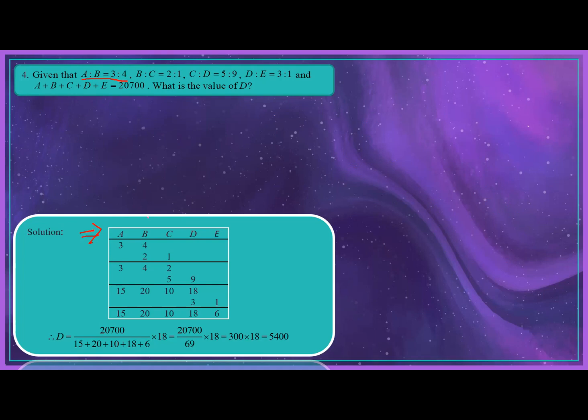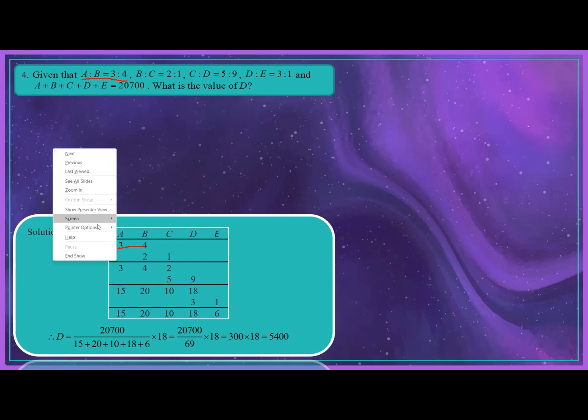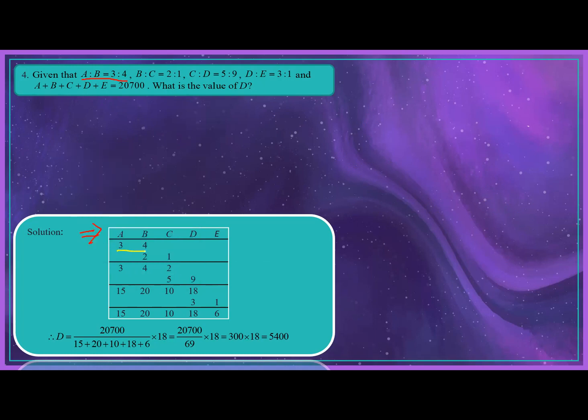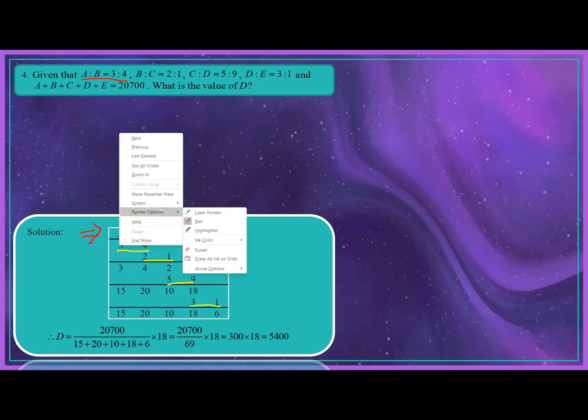So you have for A is to B, you have 3 is to 4. Okay, this one. For A is to B, you have 3 is to 4. B is to C, you have 2 is to 1. And C is to D, you have 5 is to 9. And D is to E, you have 3 is to 1. Okay, so you have to put those first.